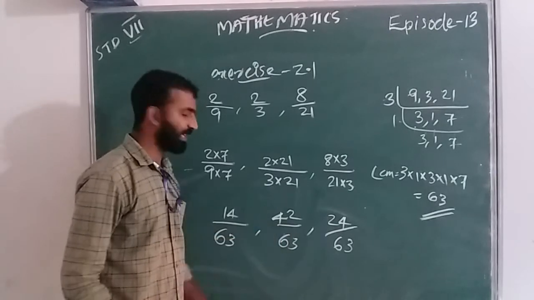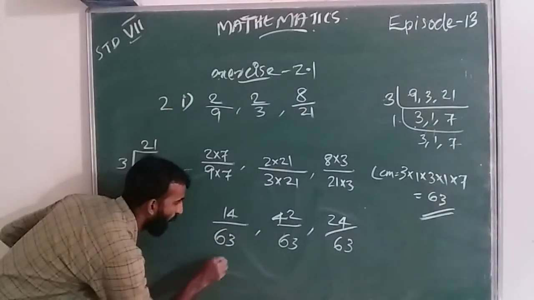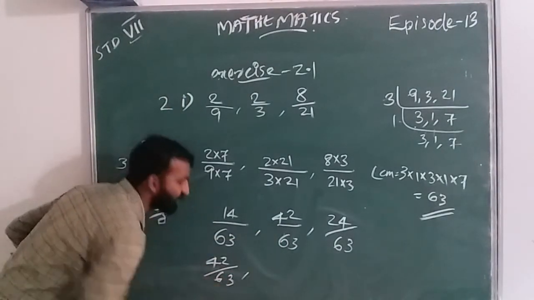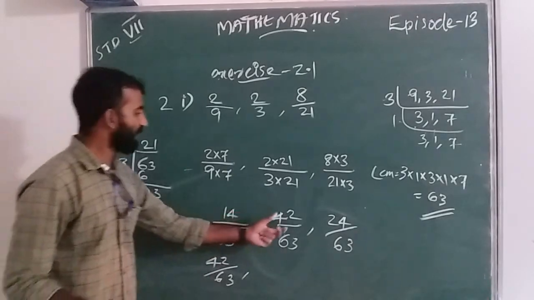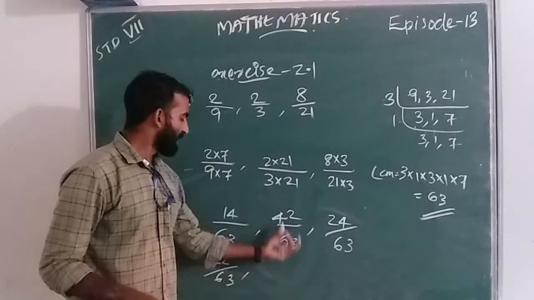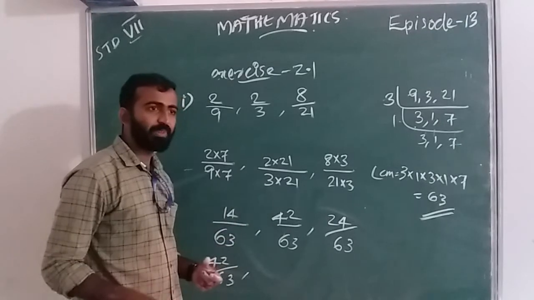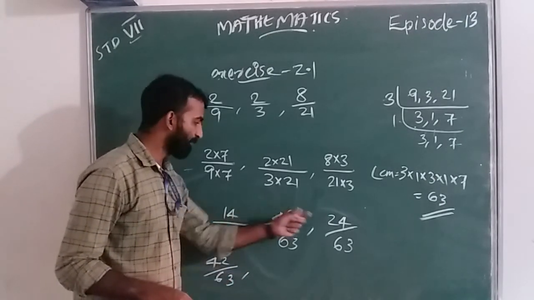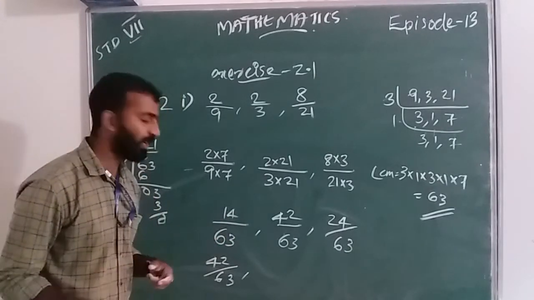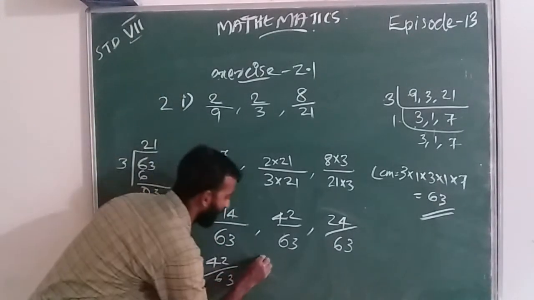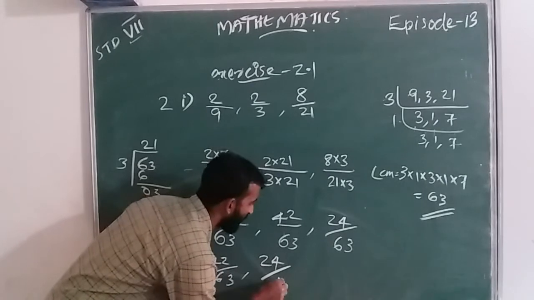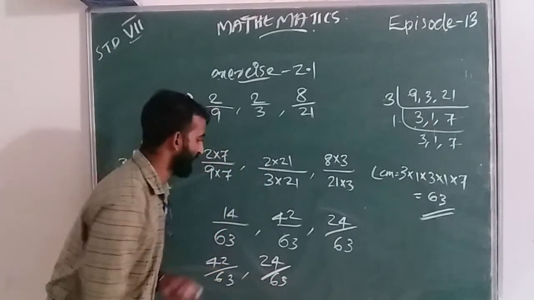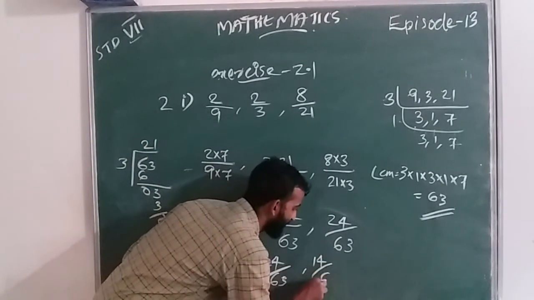That is 42 by 63. Next, after writing this, which is big, 24 or 14? 24. So 24 by 63, and at last 14 by 63.